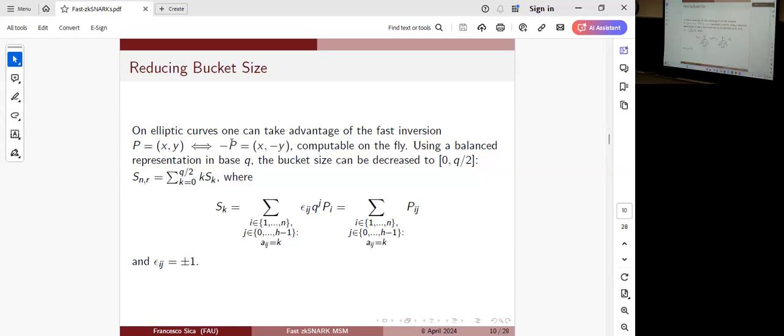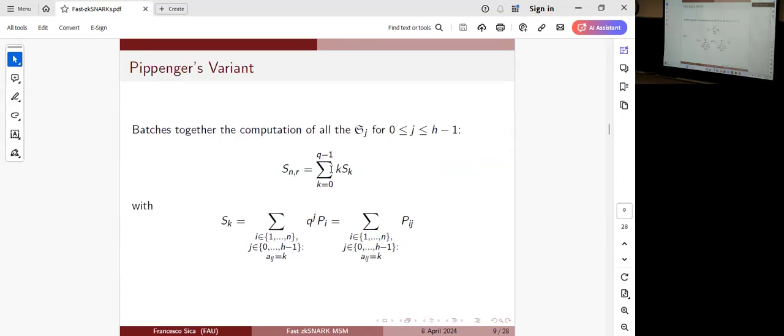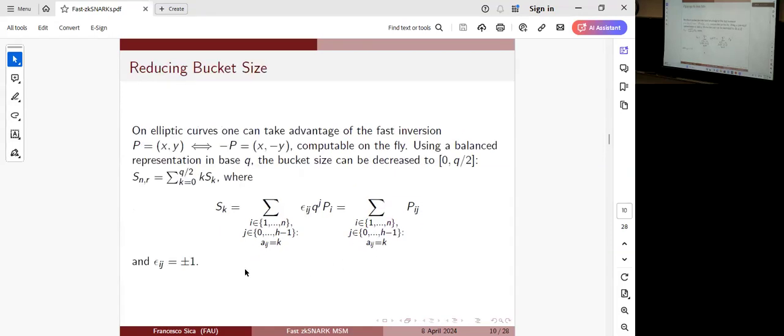computing the opposite is quite fast, and so instead of using a representation in base q, you use a balanced representation where the digits are between negative q over 2 and q over 2, basically. And then you have a signed sum, so plus minus k, where k goes from 0 to q over 2.